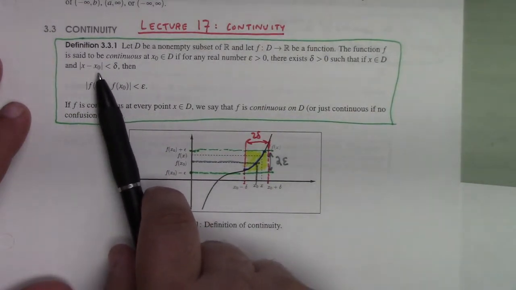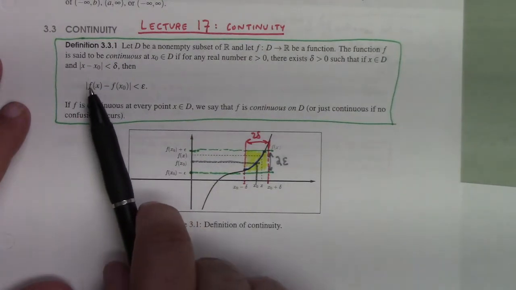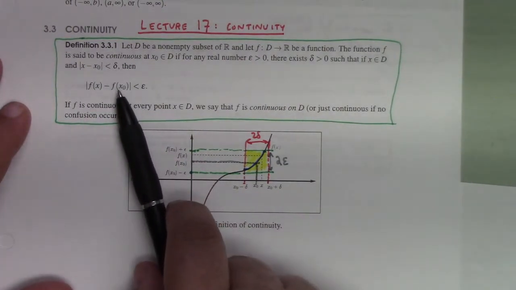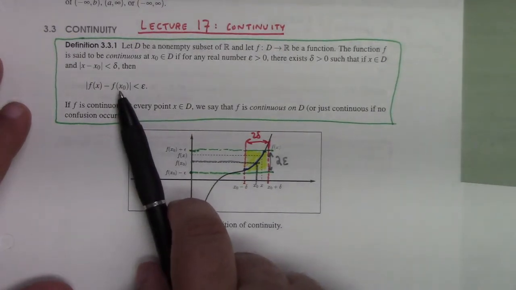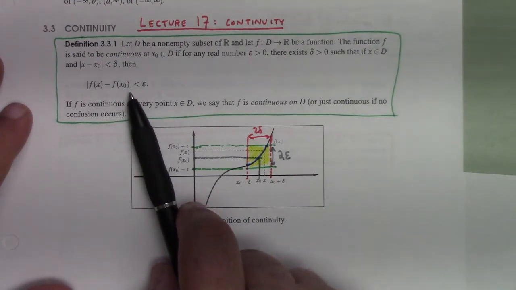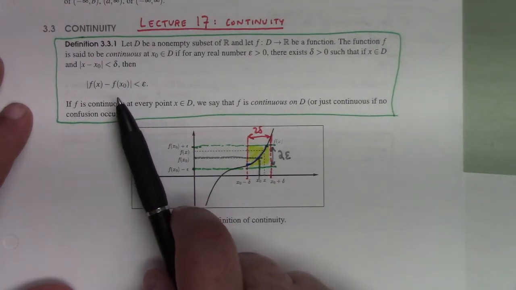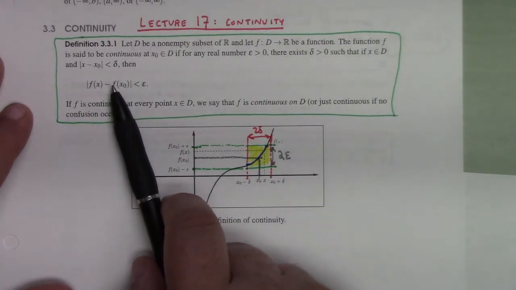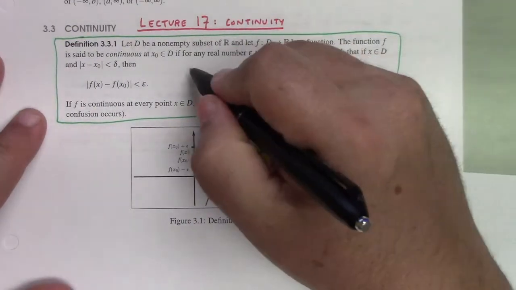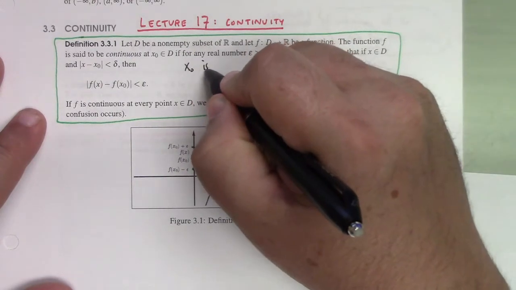If you weaken the condition to not allow x equal to x naught, then you still get the implication. So this delta for a limit point implies that the limit as x goes to x naught of f of x is equal to f of x naught. In contrast, at an isolated point, well, that means there exists a delta so that... let x naught be isolated for a second.